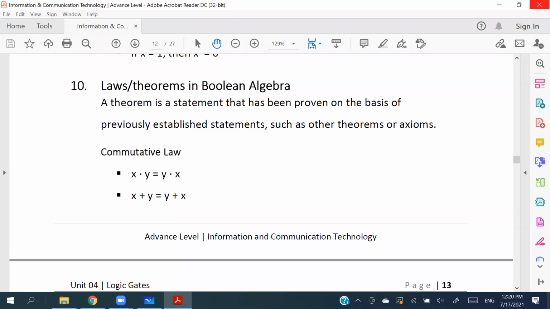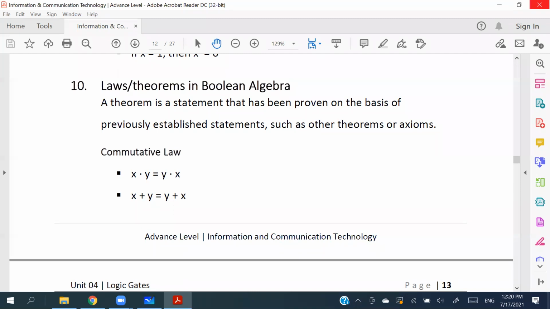In the commutative law, if your terms are separated by the similar operator, then you can toggle the variables around the operator, right?